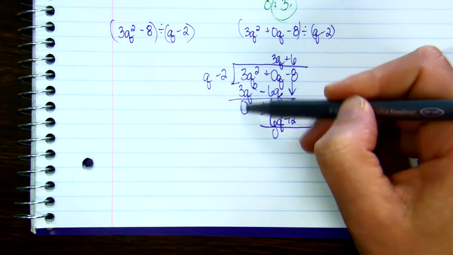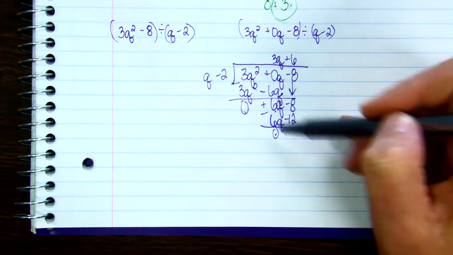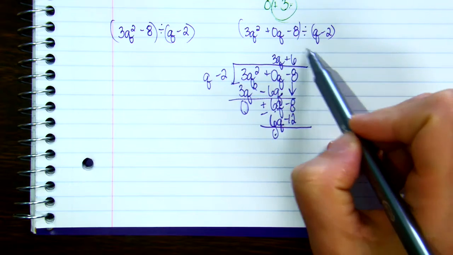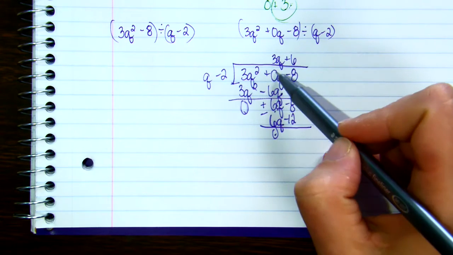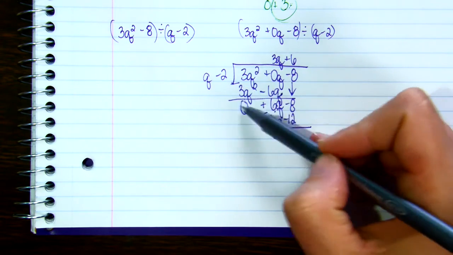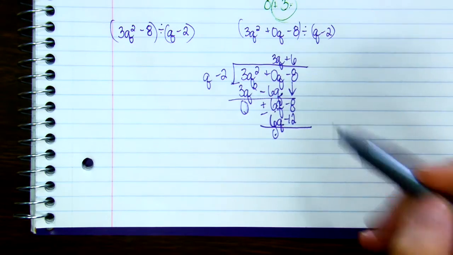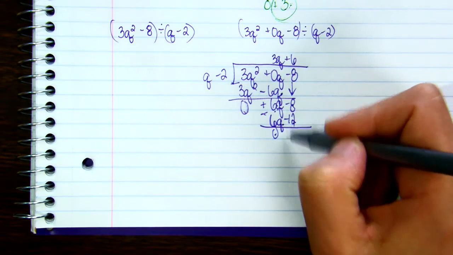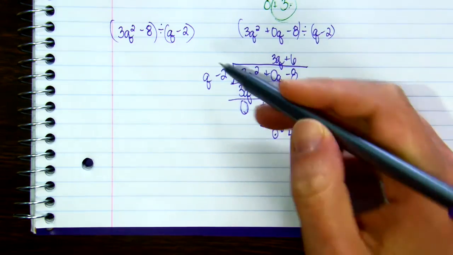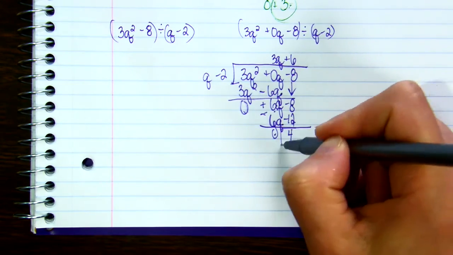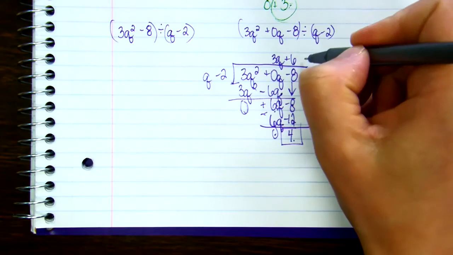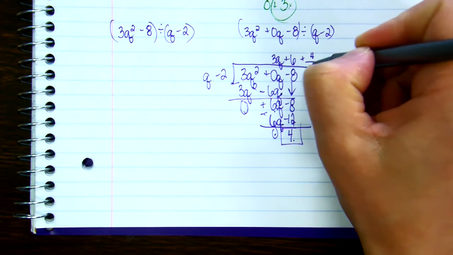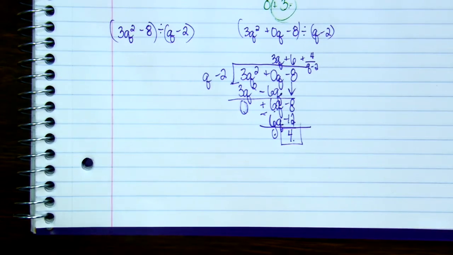Notice every single time I'm getting 0 right here, because the numbers I'm picking up here are exactly what I need to get 0, if that makes sense. So negative 8 minus a negative 12 is going to give me a positive 4. Q can't go into 4, so that's going to be the remainder, plus 4 over q minus 2.